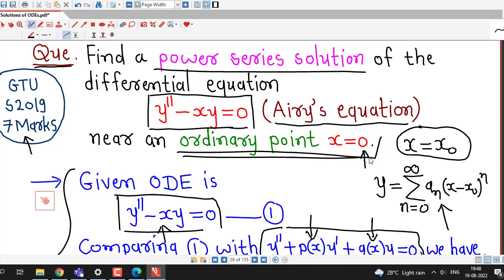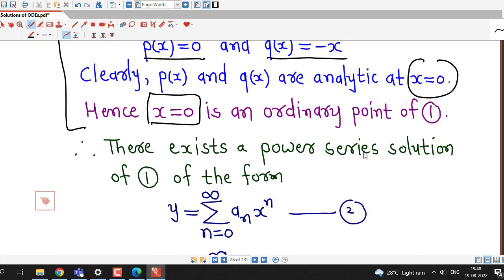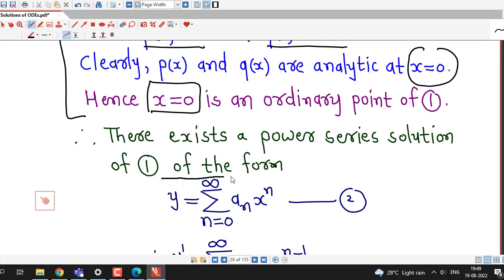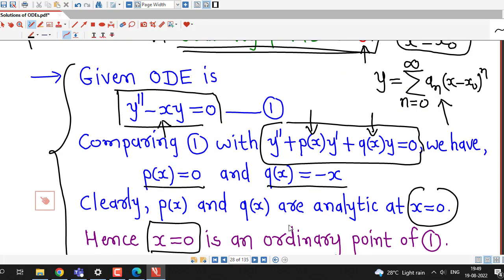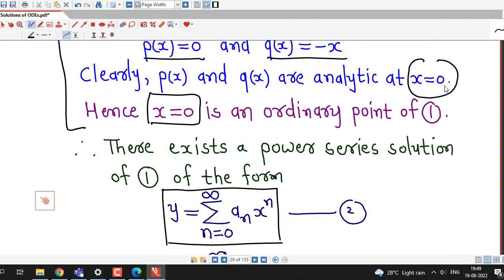Here x0 is 0, therefore differential equation has power series solution y equal to sigma an times x raised to n, n from 0 to infinity. Therefore there exists a power series solution of given equation 1, y equal to sigma n equal to 0 to infinity an x raised to n, and in this solution these an's are unknown.